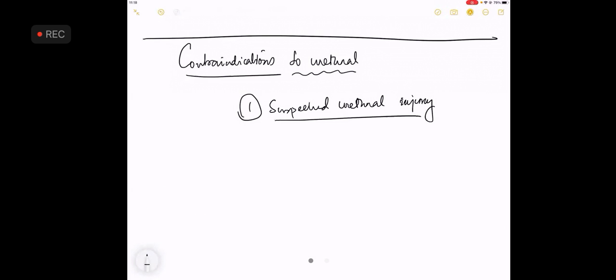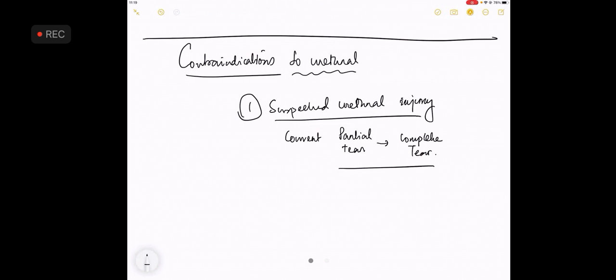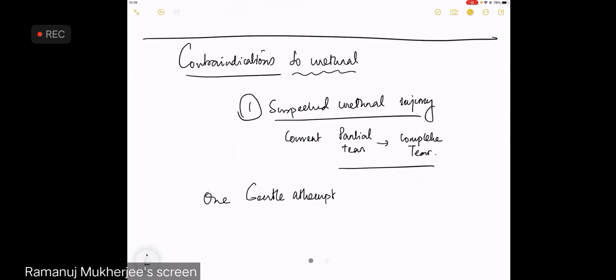Why? Because it can convert a partial tear to a complete tear. But if you read Love and Bailey, Love says that there should be one gentle attempt at catheterization by an expert.